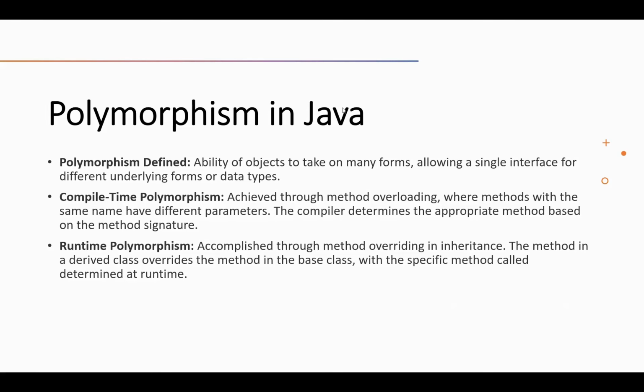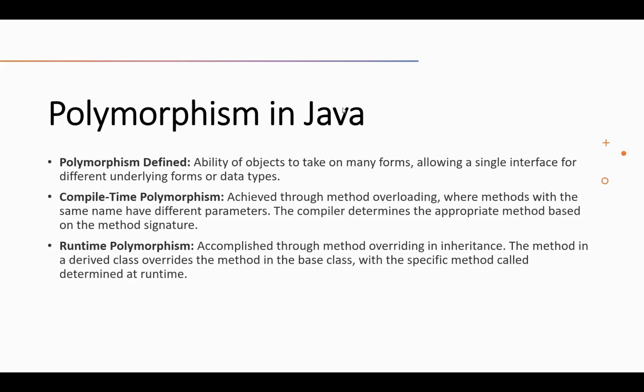Compile time polymorphism. The first type of polymorphism we encounter in Java is compile time polymorphism, also known as method overloading. Imagine you have a toolbox with tools that have the same name but serve different purposes based on their size or shape.